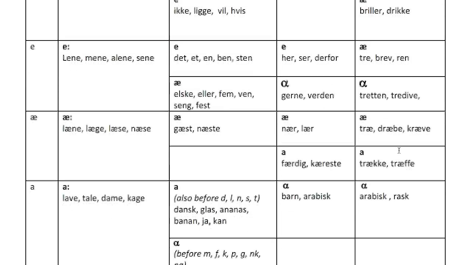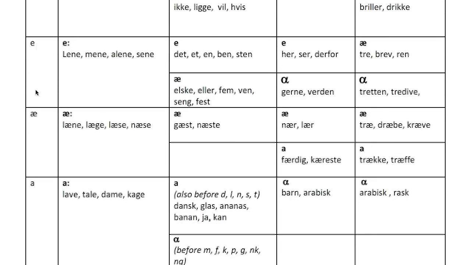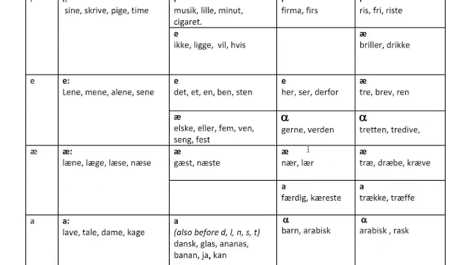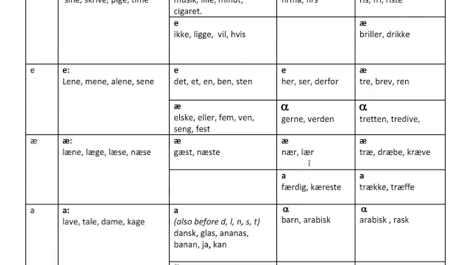So let's take the fourth one. It is more open than this one and is pronounced as in elske. So first the long variant. Læne, læge, læse, næse. Then the short variant. Gæst, næste. Then the variant before R. Nær, lær.